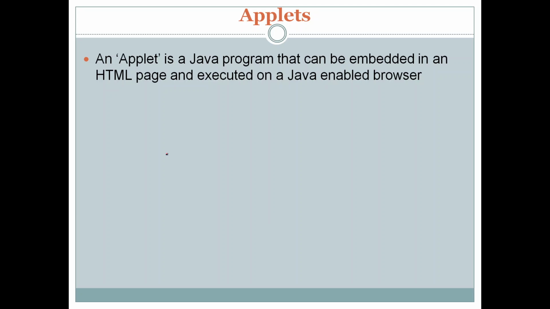An applet is a Java program that can be embedded in an HTML page and executed on a Java enabled browser. So what is an applet? It is a Java program which can be embedded in an HTML page and executed on a Java enabled browser. So a Java program needs to be embedded in HTML to get executed.